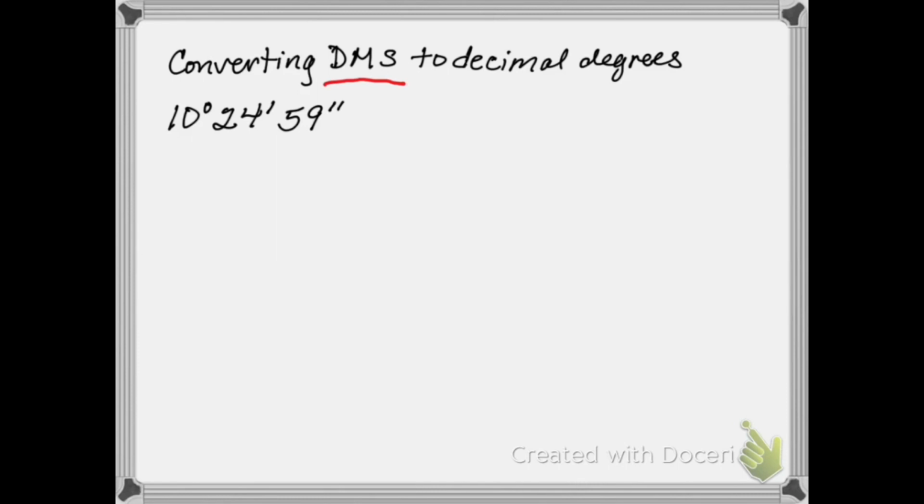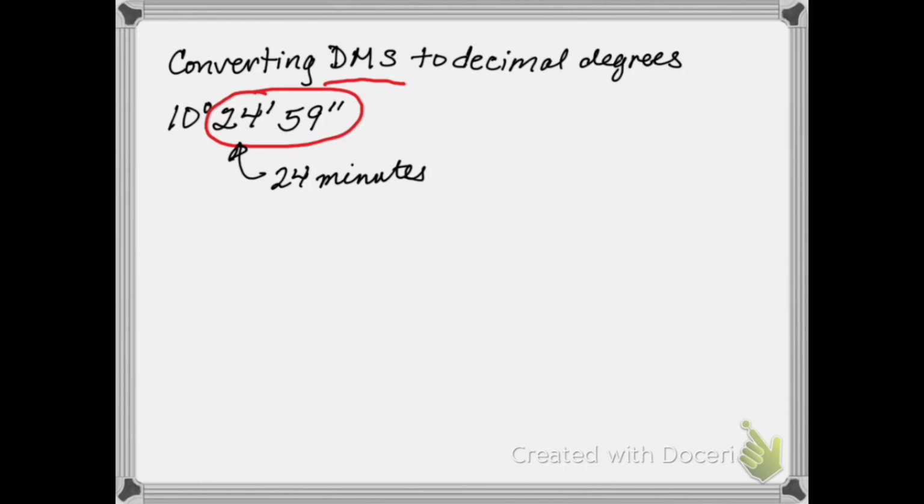So with this, I want to get this 24 and this 59 converted to a decimal. What's happening here is that this 24 is 24 minutes. That's what this little apostrophe-looking symbol means.